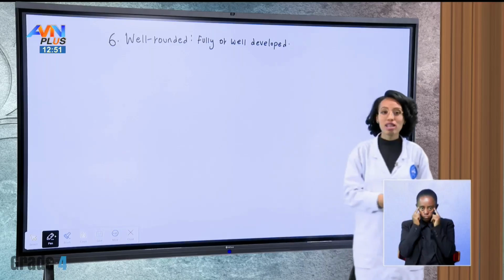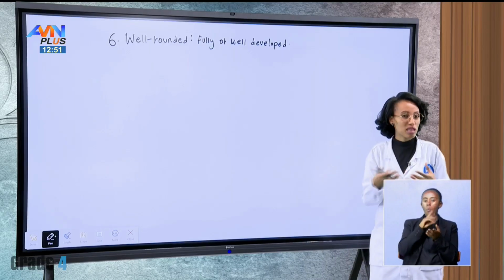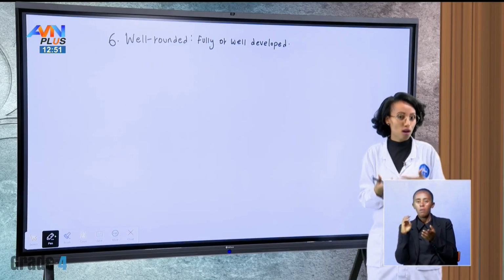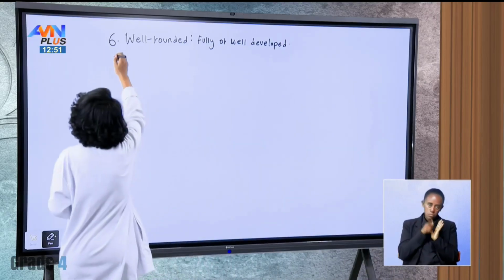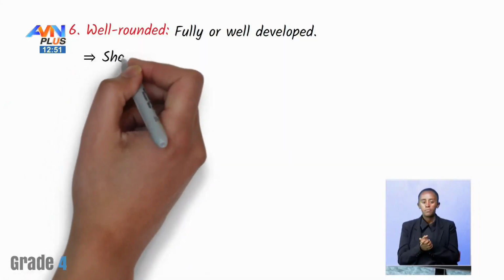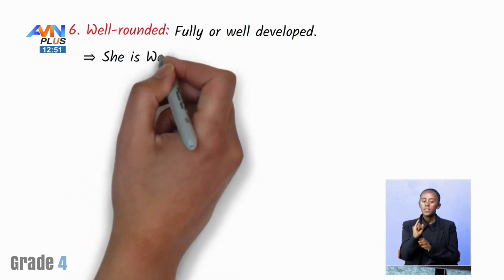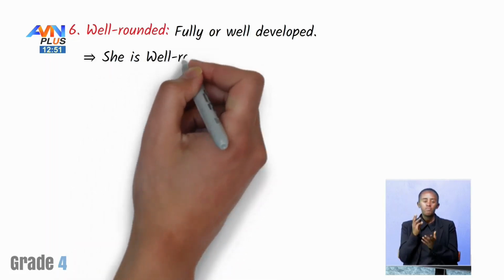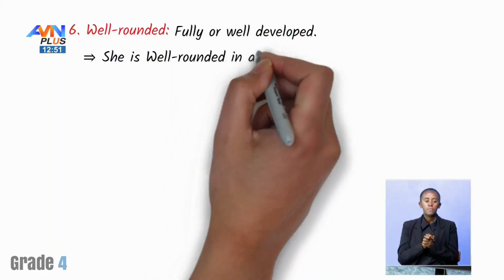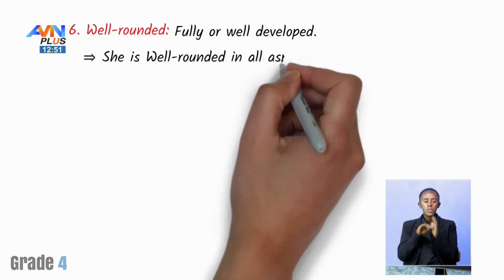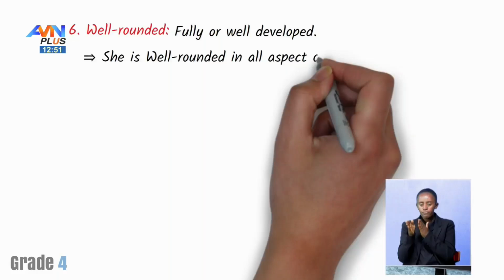So if we say someone is well-rounded, it means we are giving them a good compliment. Okay, let's see an example here. She is well-rounded in all aspects of her life.